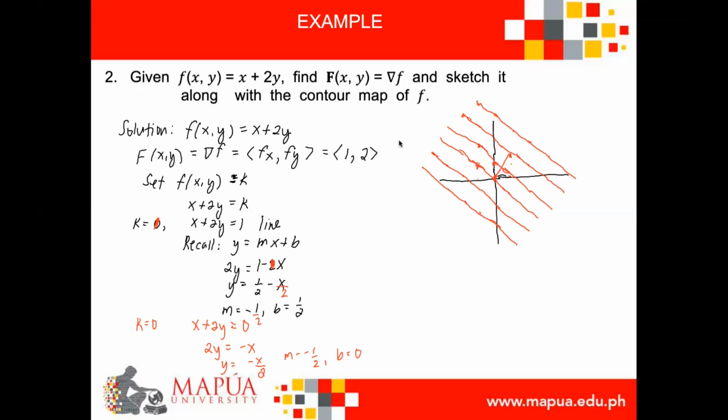So let me use another color to distinguish it from the lines. Then let's have another, let's say at this point here, you measure 1 unit, then 2 units upward. So we do the same here. You can just select any point. So let's say this is your point, then 1, then 2.